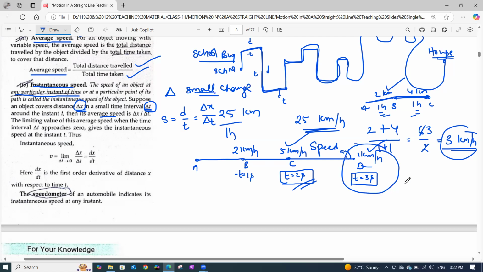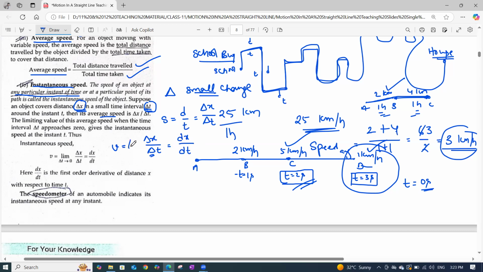So we are limiting time to 0 seconds because at that particular time will be 0. So you can write it as speed v is equal to distance delta x upon time delta t. So delta x is also written as dx, delta as d, dx by dt. It is a first differentiation.